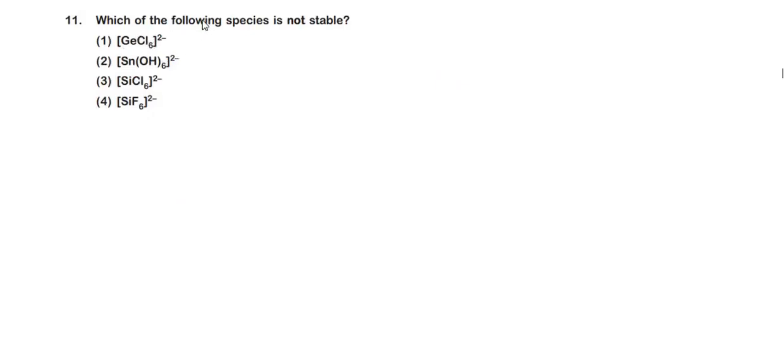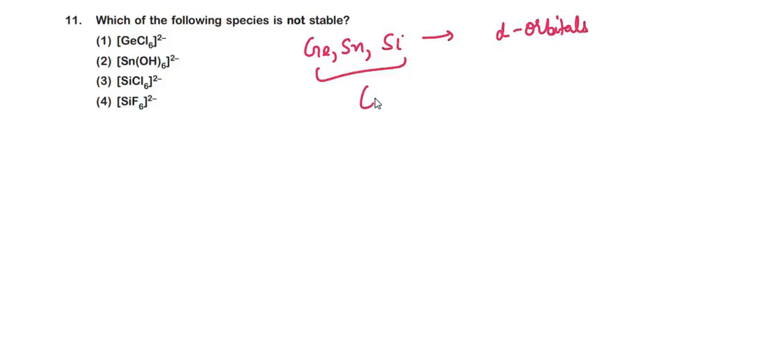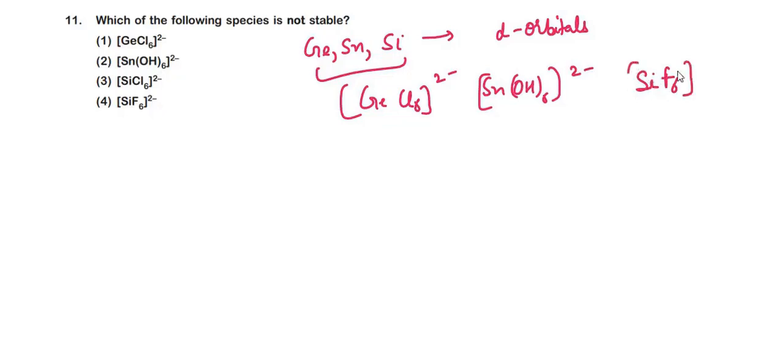Next question is: which of the following species is not stable? Here the species are of germanium, tin and silicon, and due to the presence of d orbitals, they can easily form octahedral complexes like GeCl6 2 negative, Sn(OH)6 2 negative, which is also octahedral, and SiF6 2 negative. But the species SiCl6 2 negative will not exist.